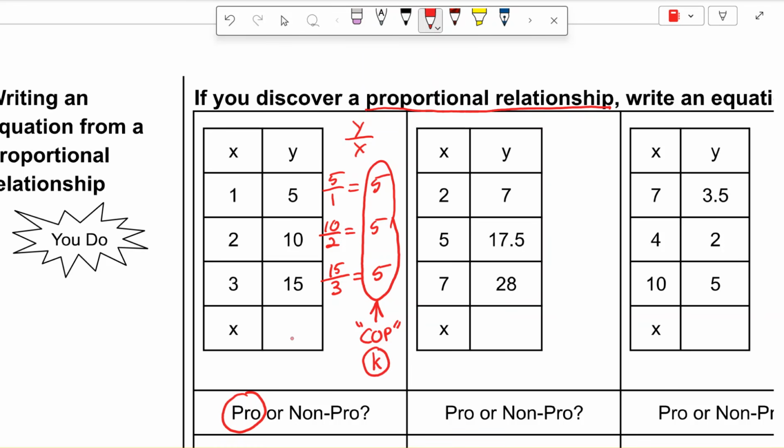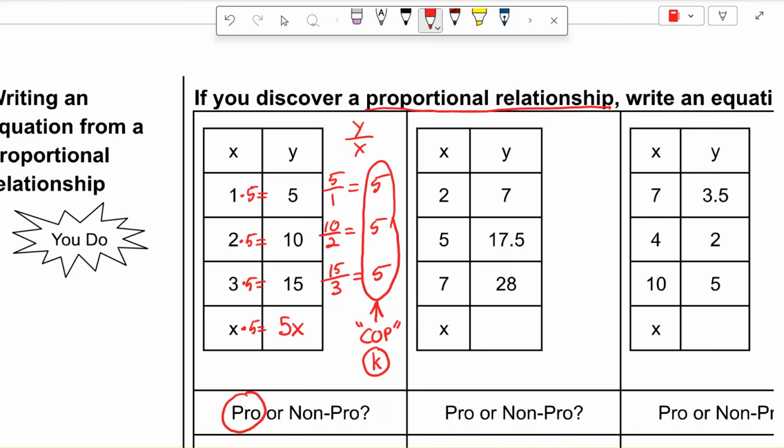All right, what do we do with this last box here? Well, how do we get y? We used our k. 1 times 5 is 5. 2 times 5 is 10. 3 times 5 is 15. So x times 5 is 5x.